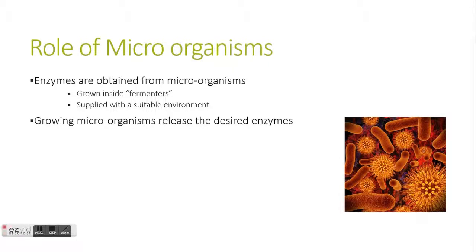And now these growing microorganisms release the desired enzymes in the form of a liquid. However, this liquid state enzyme requires purification and treatment before it can be used properly, effectively and safely.